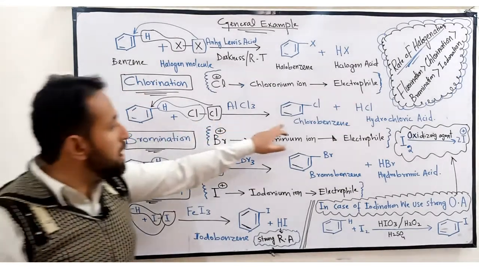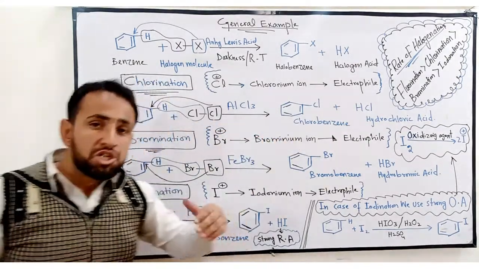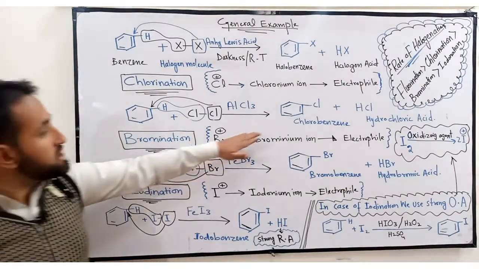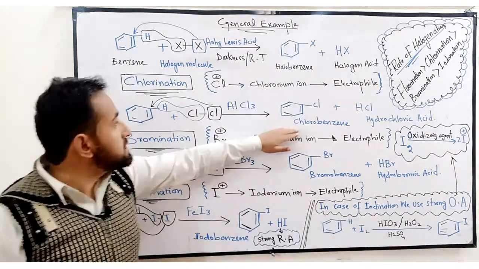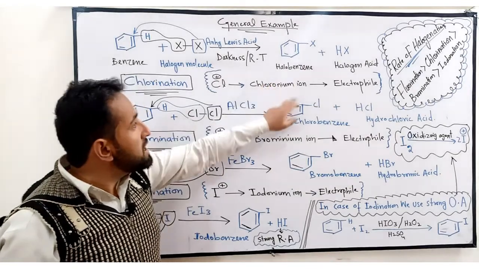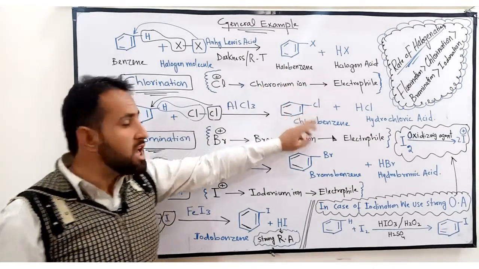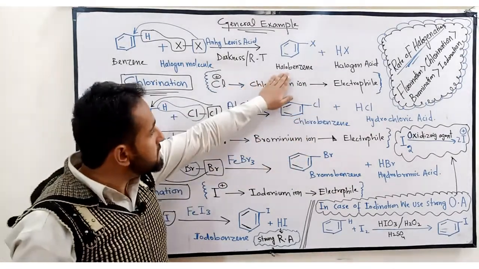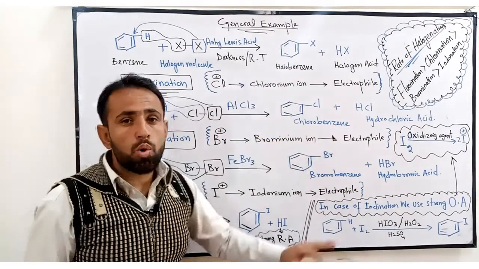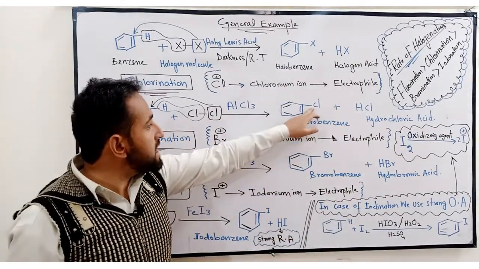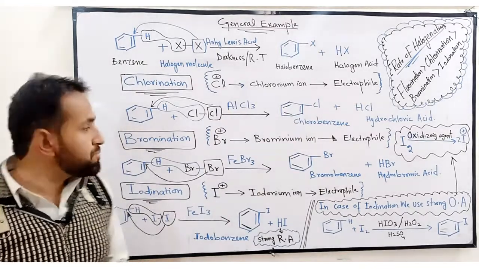What will be the product formed during chlorination? That is chlorobenzene. Since X represents halo, and now X is chlorine, instead of halobenzene the product becomes chlorobenzene, because chlorine is attached to the benzene molecule.